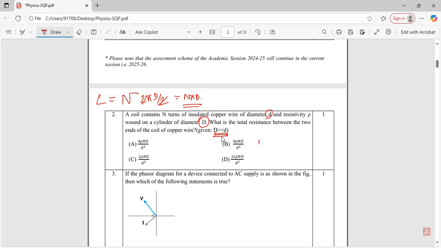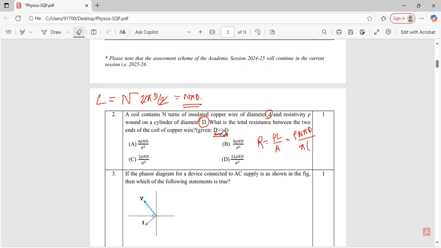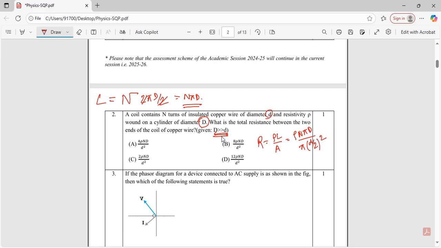We know the formula R equals rho L by A. Rho is the resistivity and L is n pi D, the number of turns times pi times the diameter. A is the cross-section area, pi times radius squared. The wire is the copper wire, so the radius is d by 2, whole squared.